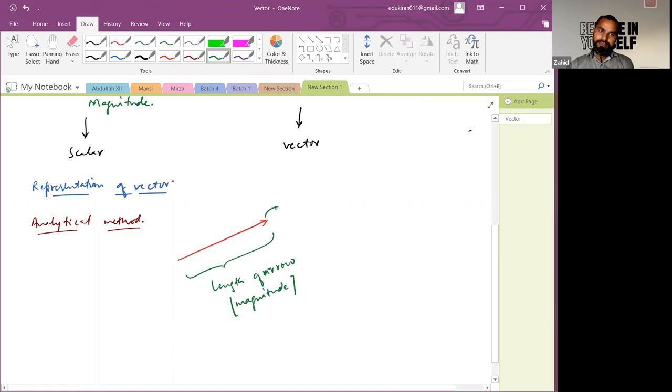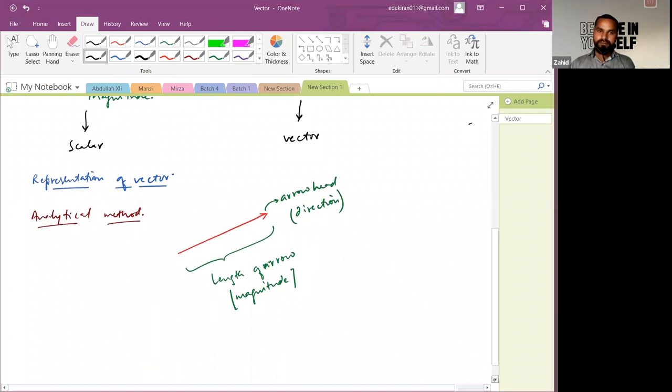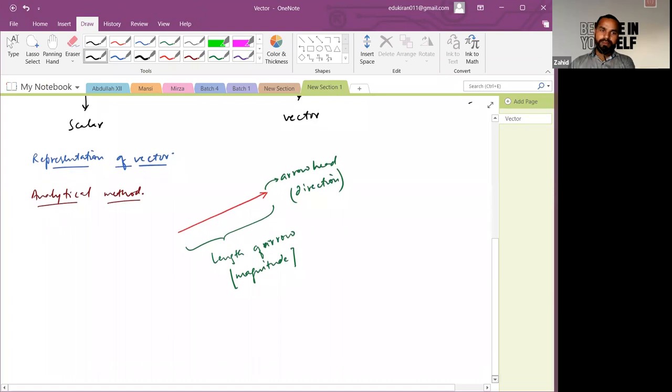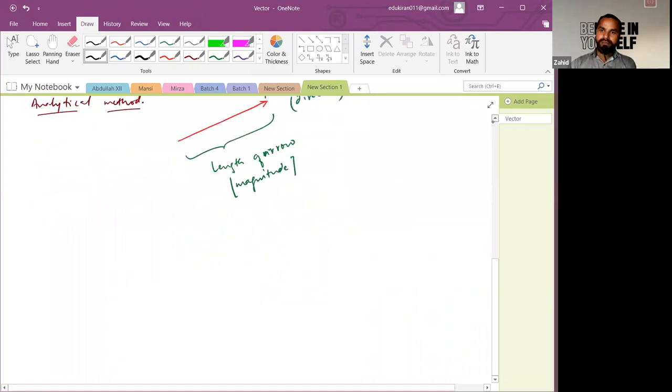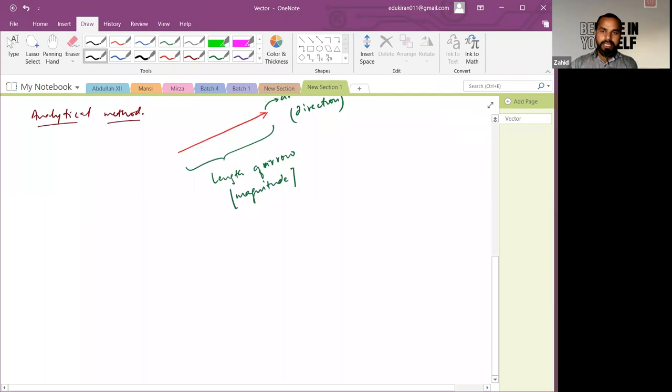Similarly, the arrowhead will define nothing but direction. So this arrow representation has both magnitude as well as direction. This is called the analytical way of representing any vector. Okay. There is another way of representing this, which is called the Cartesian form.